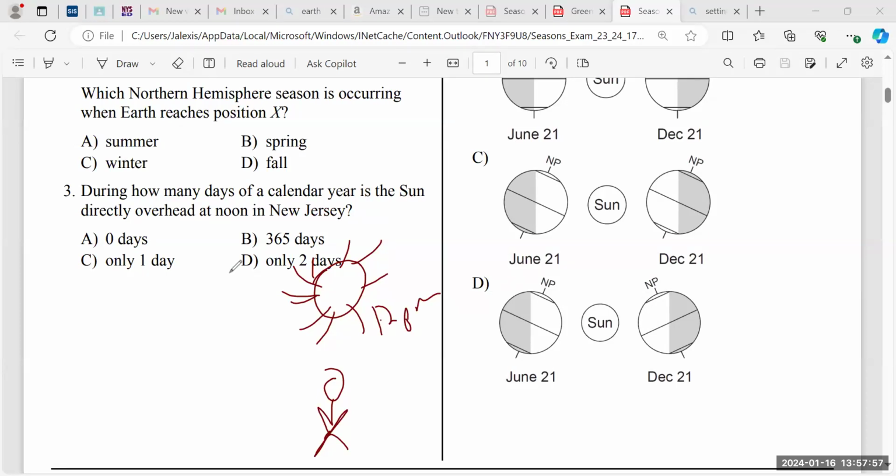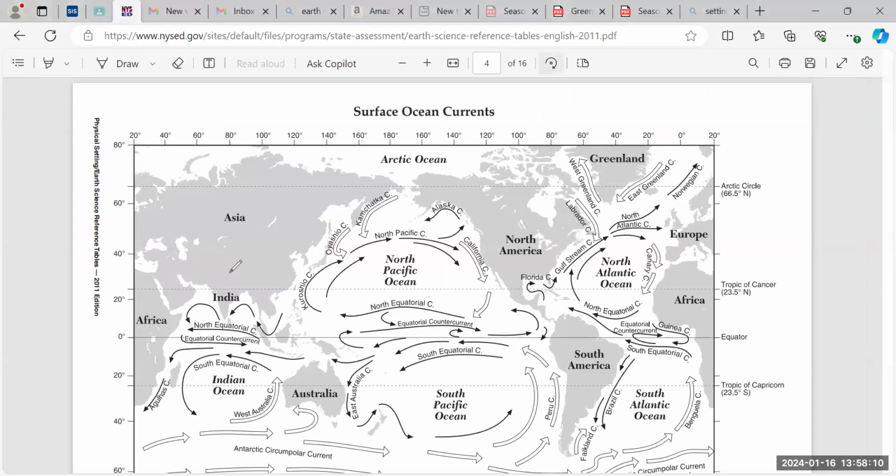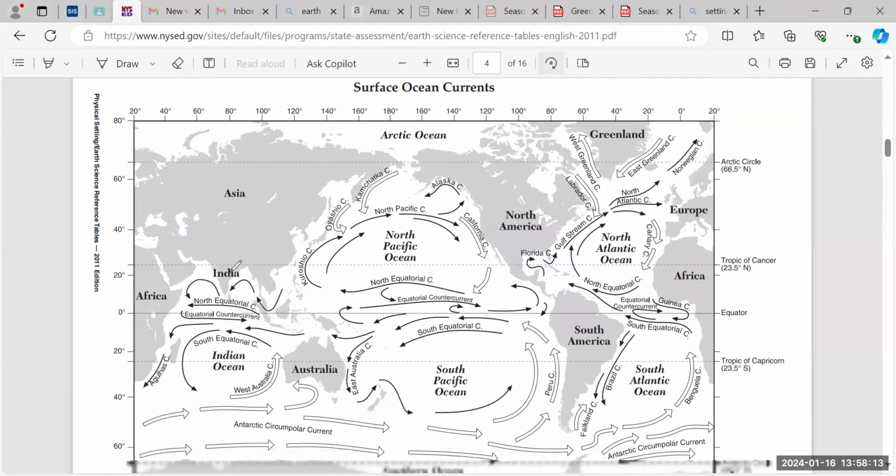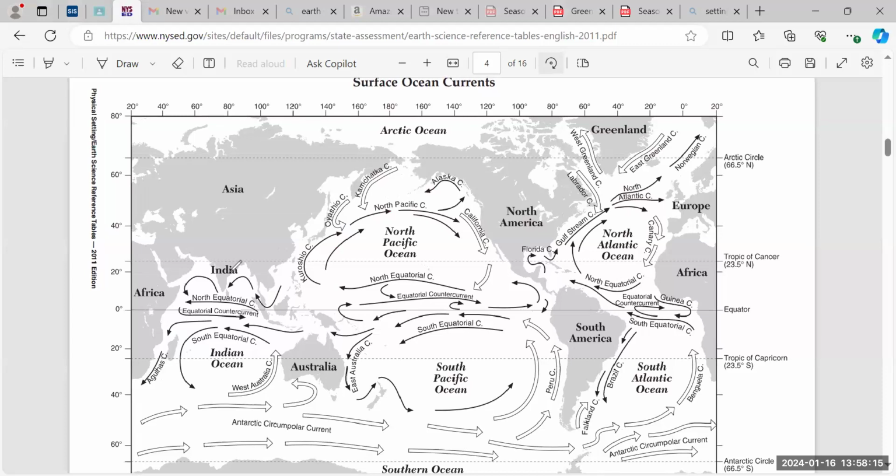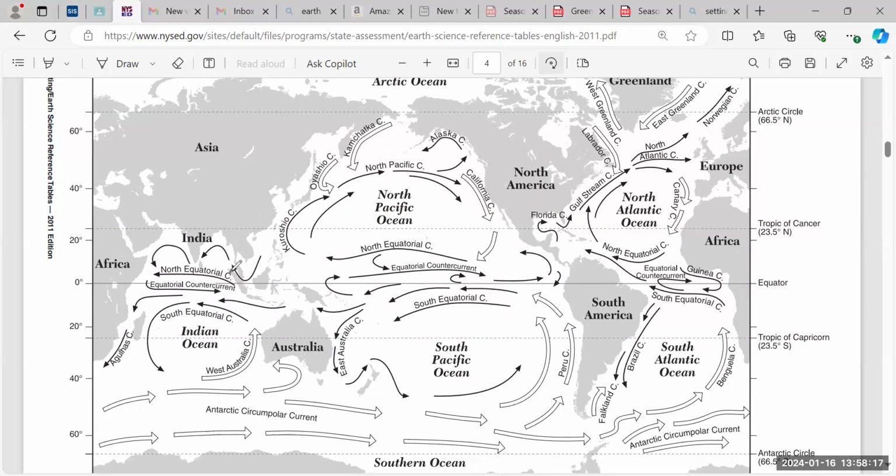All right. So this is what we need to know. There is a condition that lets us know which areas of the world will have the sun directly over your head. Because the reality is, not everywhere in the world will have that opportunity, unfortunately. I know it's sad. So, what's the rule?